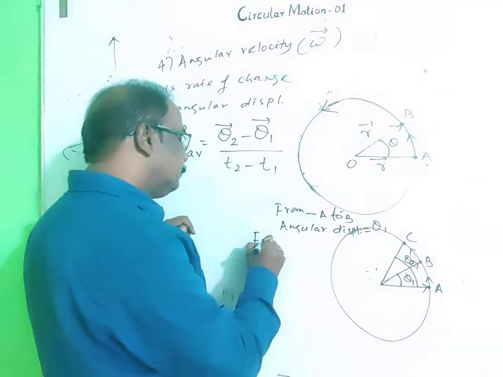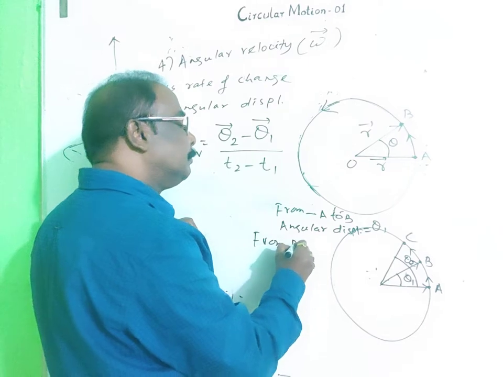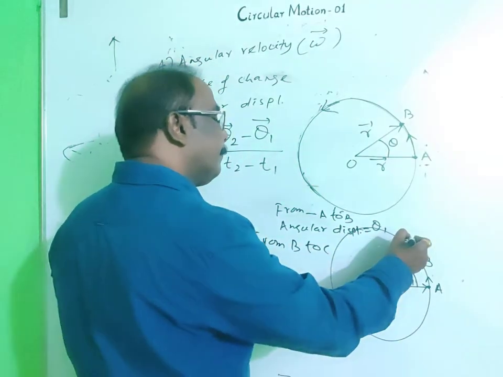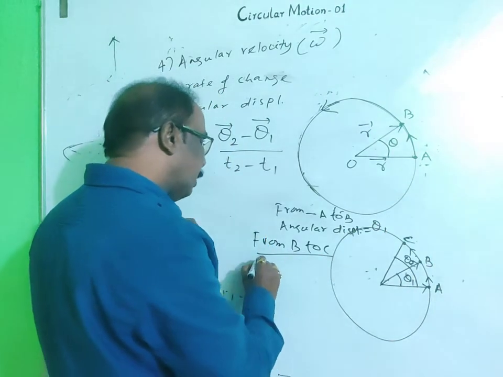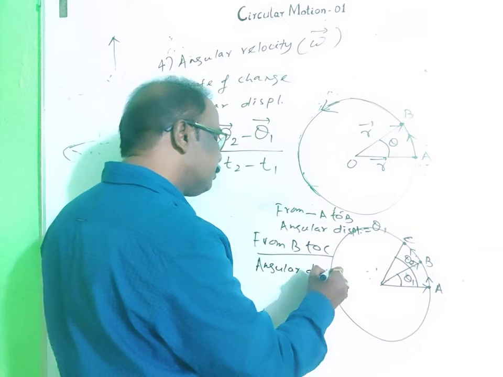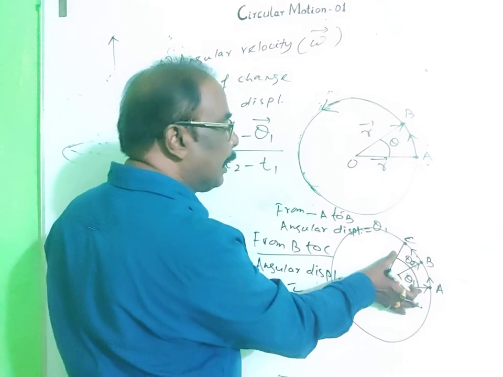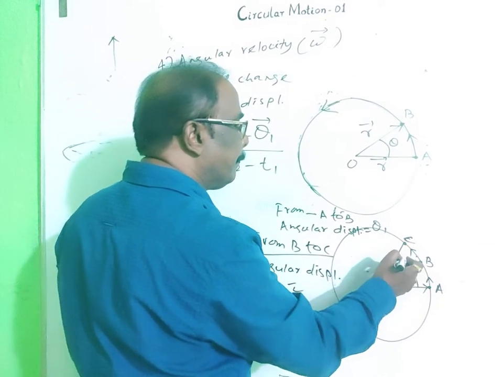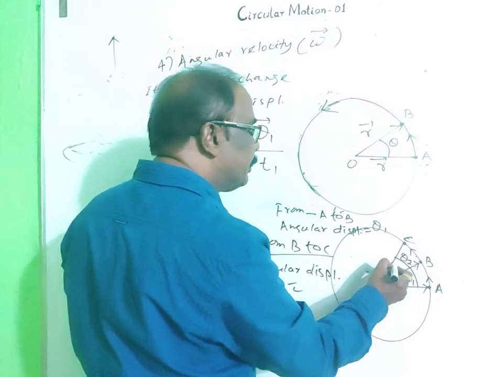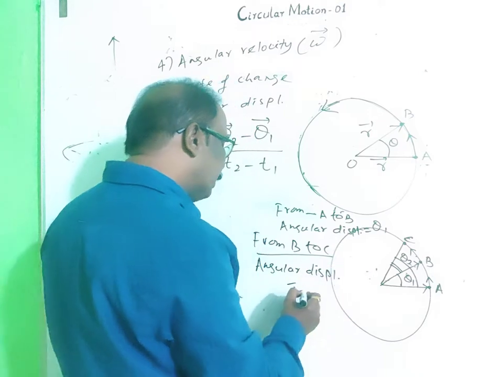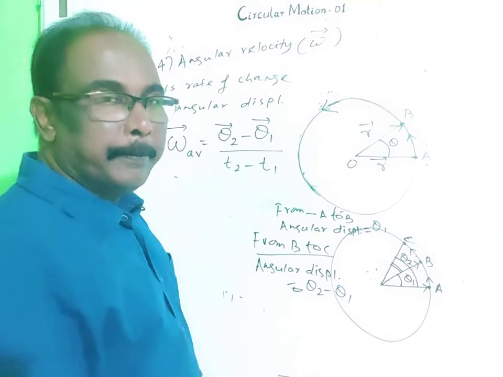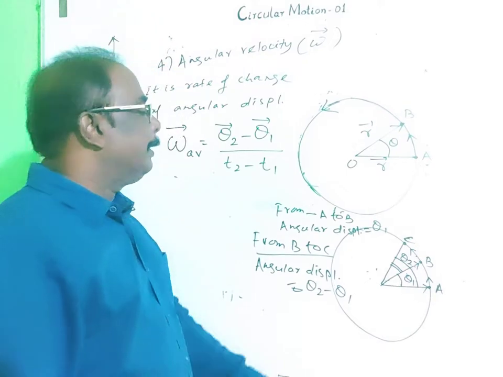Then from B to C, the angular displacement is equal to, see, this total angle is theta 2, this angle is theta 1, so from B to C this angle is the angular displacement, which equals theta 2 minus theta 1.